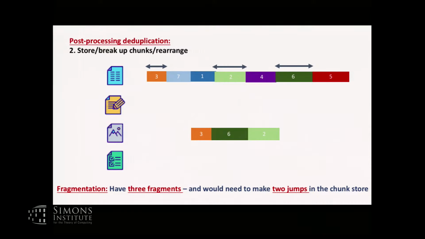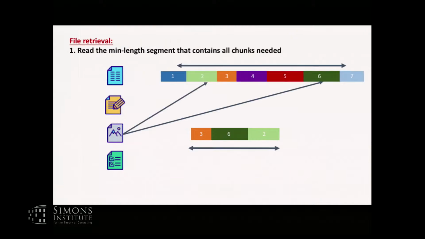So I can take an arbitrary permutation of these chunks. And in this case, for example, if I put them in an arbitrary order, this is not a good order, then for 3, 6, 2, I really split the chunks far apart from each other. I have to look at 3 different regions in the chunk store in order to recover the original file.